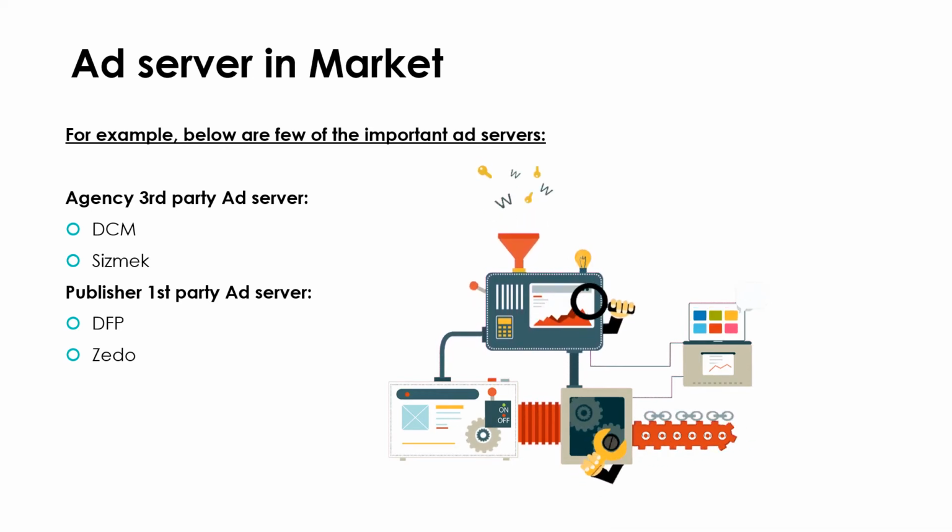And next is DFP. DFP stands for DoubleClick for Publishers. This is the first-party ad server which is used by publishers. Next is Jedo. This is a fully featured direct sales ad server where they can sell the inventory and advertisers can buy directly from them.